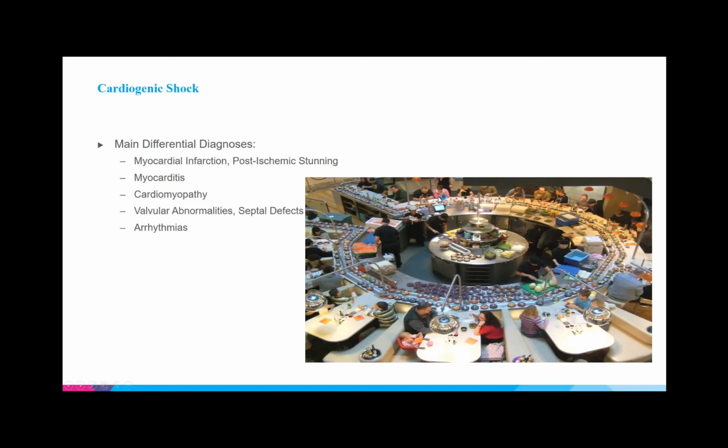With septic shock, I would say the customers are sick, right? The customers represent the tissues and organs of the body, and because they're sick and vomiting, they're not able to take up any of the sushi or any of the oxygen. And so by the time the conveyor belt goes back to the kitchen, there's still a lot of oxygen and plates left that have not been used.